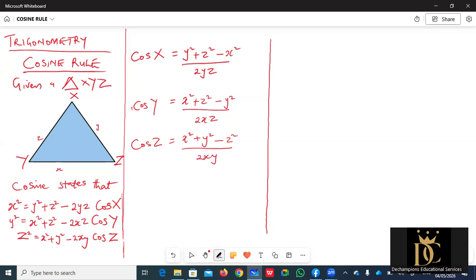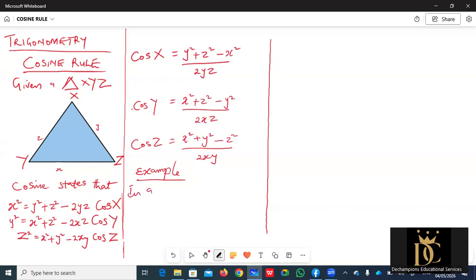So now let's quickly look at an example. Let's say you are given a triangle.